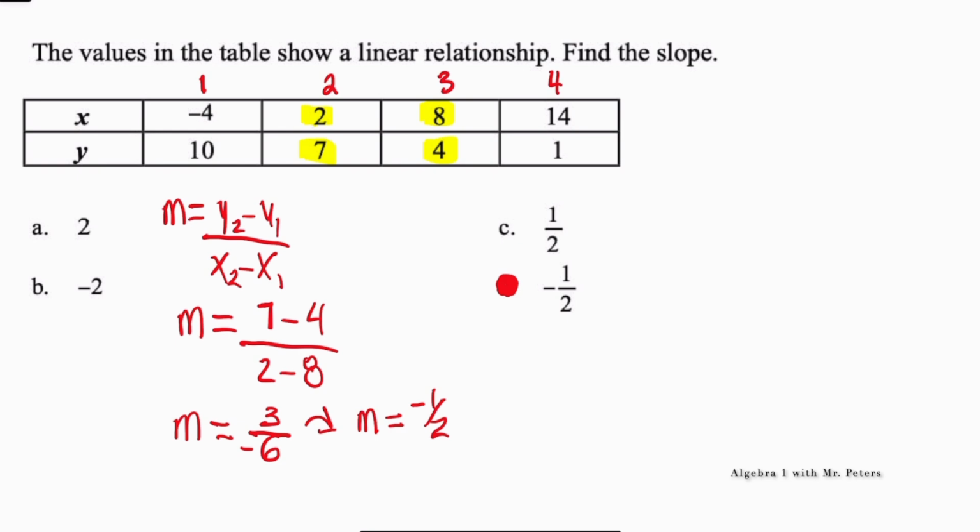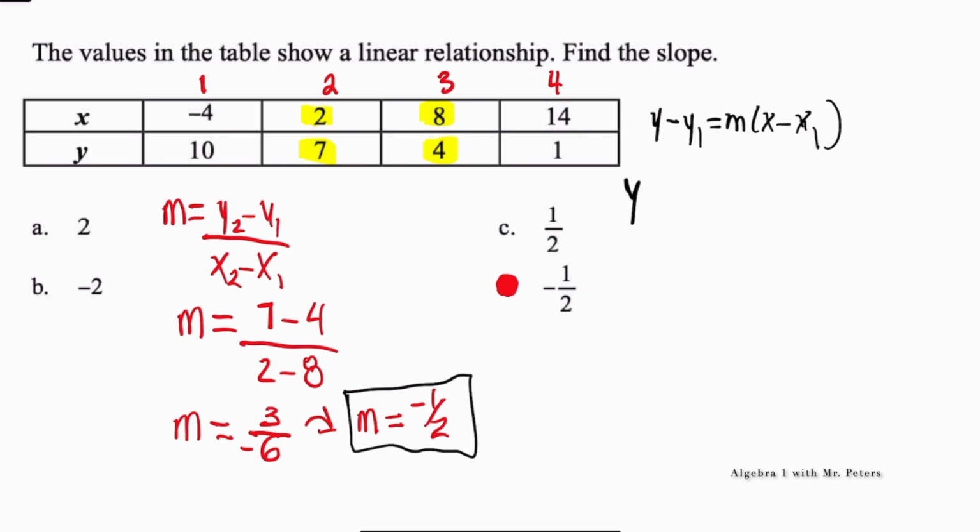Now let's just say they wanted you to write the equation of a line. So for us to do that, remember we had that formula y minus y1 is equal to m times x minus x1. So to do that in this problem, we have the slope, M is equal to negative 1 half. Now we could pick any one of these points. The point that I'm going to pick is going to be (8, 4). Just want to work with positive numbers. So now I'm going to fill this out, right?